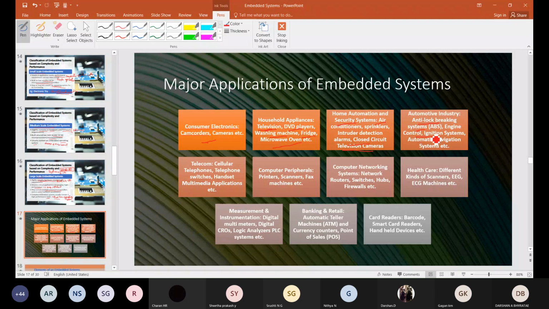Again, that is also an example of an embedded system. Automatic navigation systems. These are a few examples of embedded systems. I will discuss some more examples in the next session.